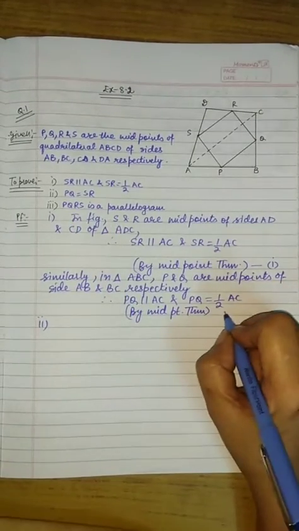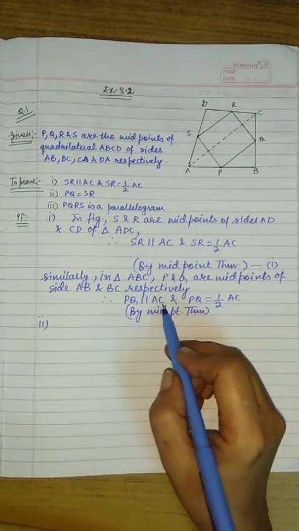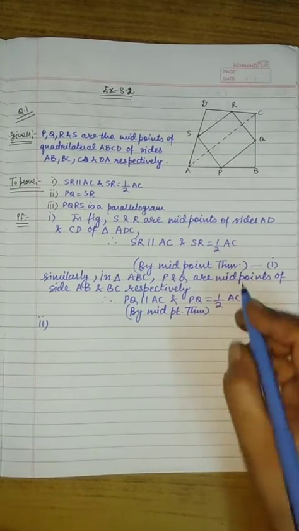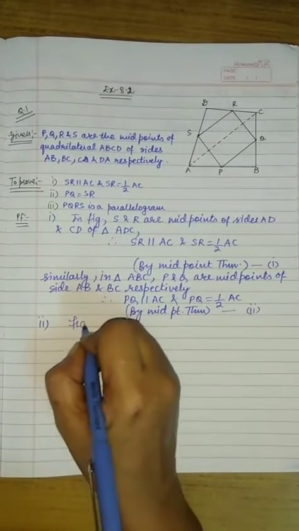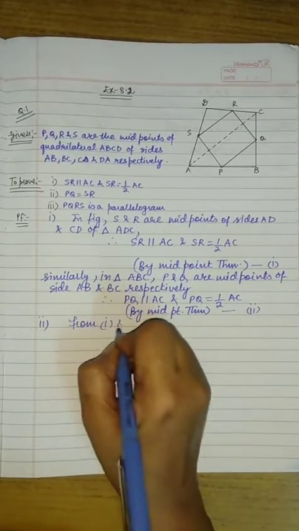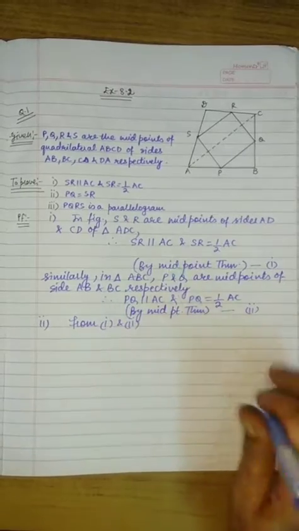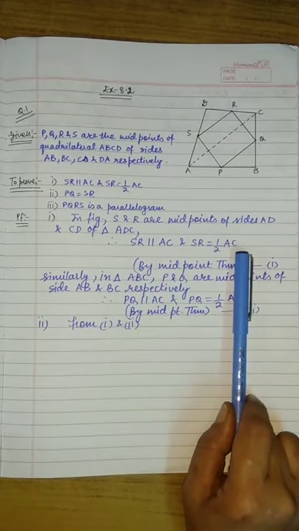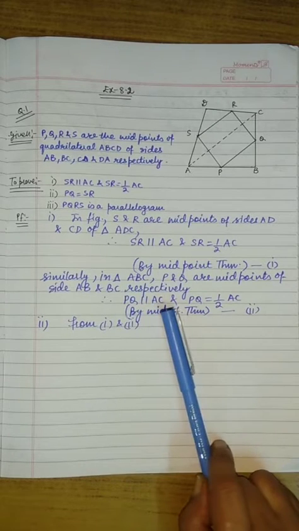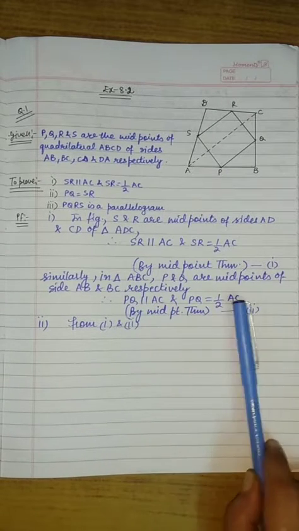Let PQ is parallel to AC and half of AC be equation 2. So from 1 and 2: in 1 we have proved SR is parallel and half of AC. In 2 we have proved PQ is also parallel to AC and half of AC.